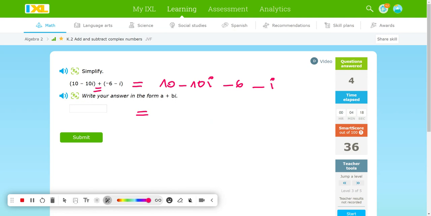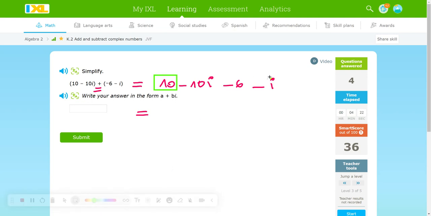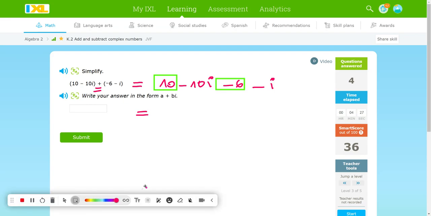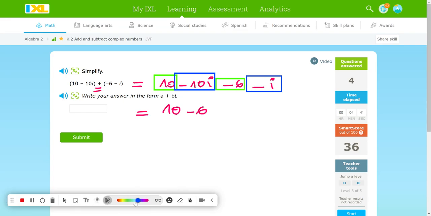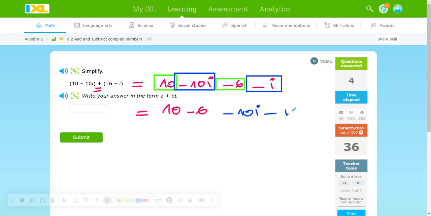The numbers are 10 and negative 6, so I put them in the front. Now I group the i part together in the back: subtract 10i and then subtract 1i.